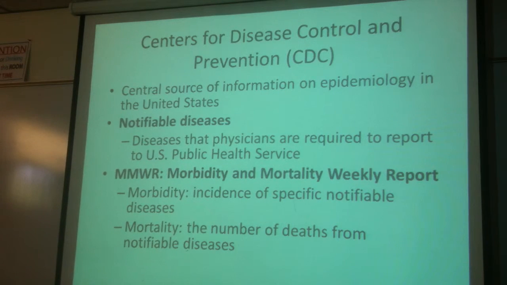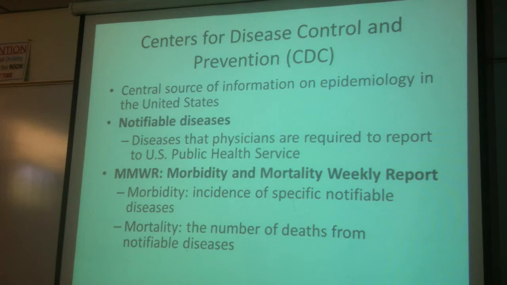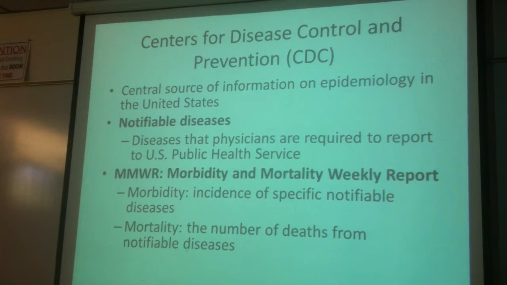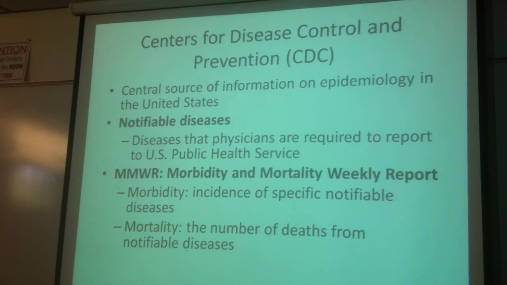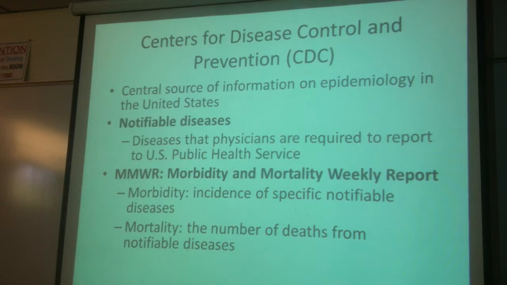There are a bunch of notifiable diseases. These are diseases that physicians are required to report to the U.S. Public Health Service. And then there's the MMWR, the Morbidity and Mortality Weekly Report. So we're looking at what the incidence is of a specific notifiable disease and how many deaths we are getting from it.